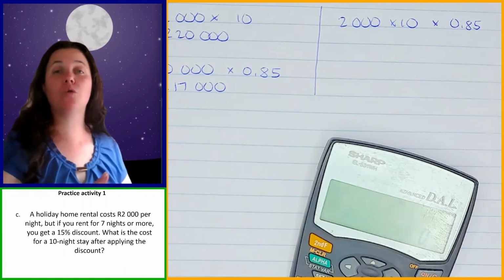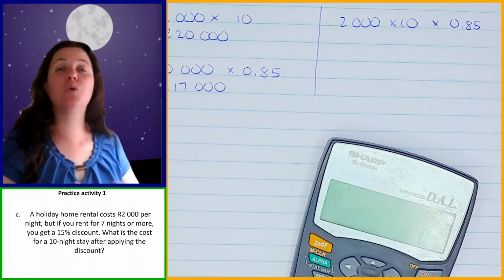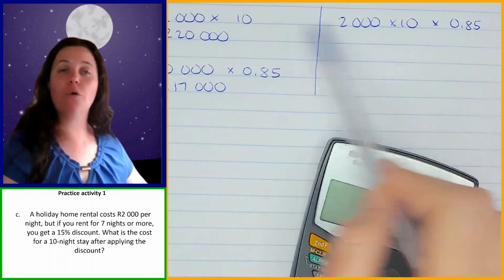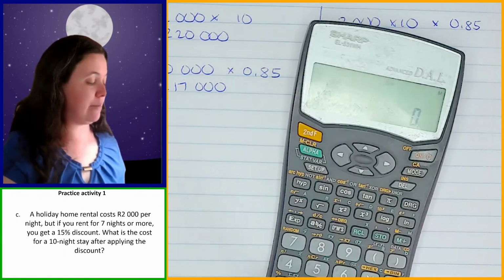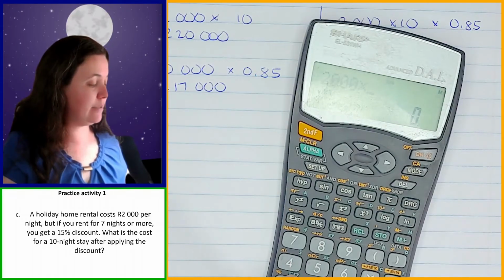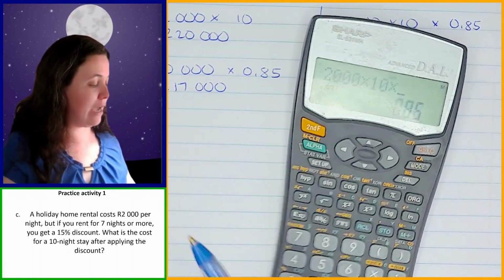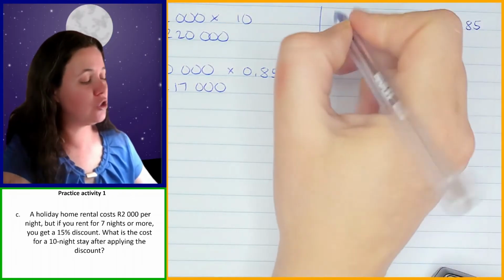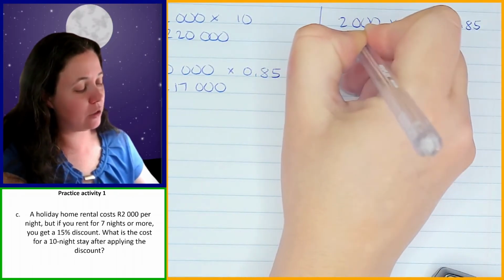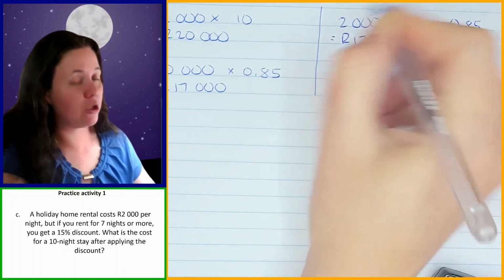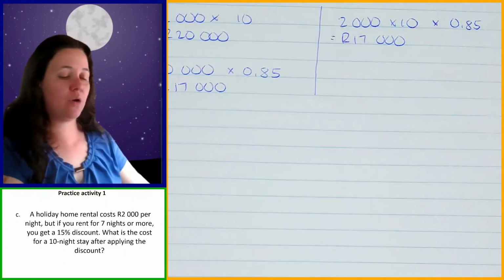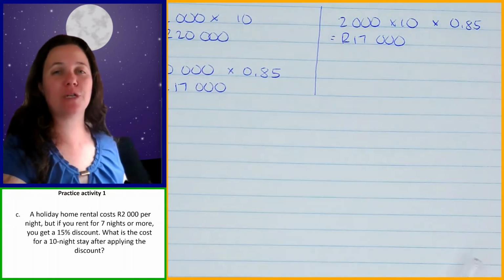That means it doesn't matter what order we do it. Also, we can do it grouped in different ways. So I can do that first and then multiply by that, or I can just multiply it all together at the same time. So 2,000 times 10 times 0.85 gives me 17,000, which is the same answer that I got over here. So you can do it all in one go. Because it's all multiplication, you can just multiply it all together at the same time. Okay, so that's what you should have got for question C.